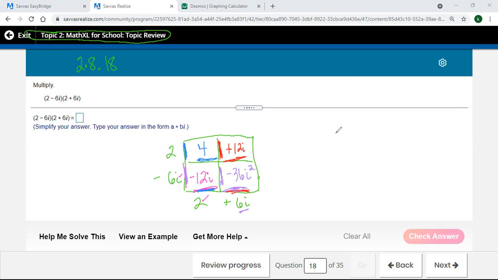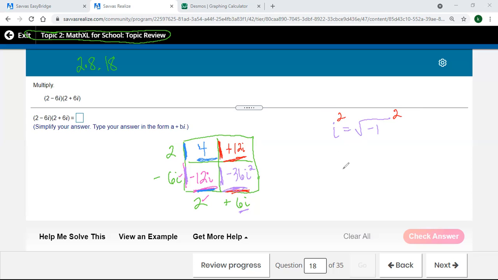Now we got to talk about that i squared again. Remember, i is the square root of negative 1, and this is this whole imaginary number thing. It used to be that, ancient times ago, they said it didn't exist, but now they found some really cool ways to be able to work with this that allows for some really powerful calculations, especially in electronics.